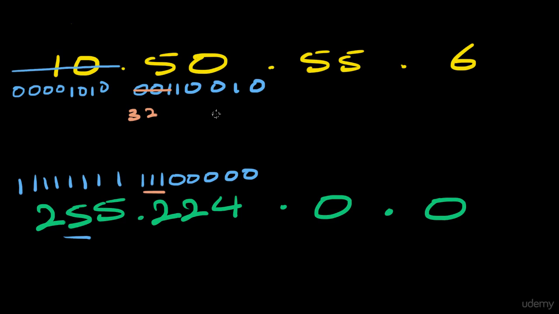The number that is left uncovered, this is 1, this is 2, 4, 8, 16. 16 and 2 is 18. 18 is being left uncovered. 18 is host ID. What do we get when we add 32 and 18? We get 50.